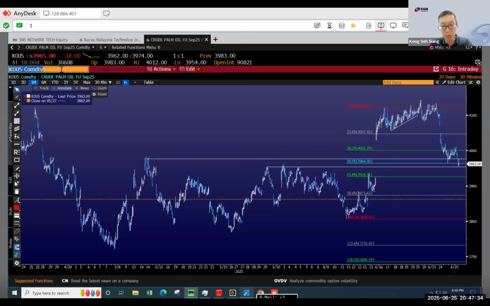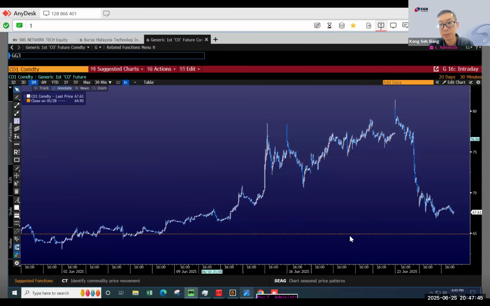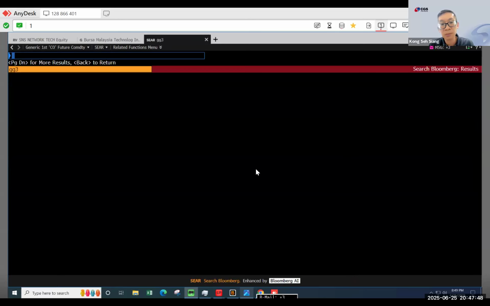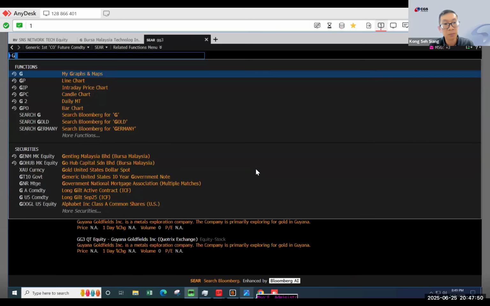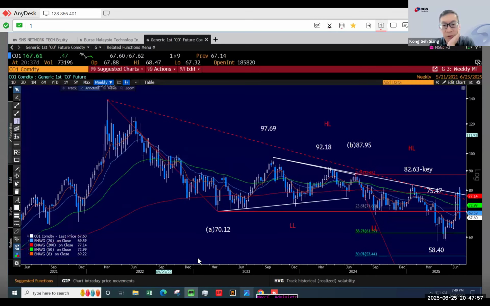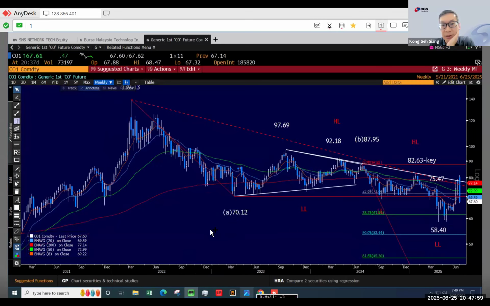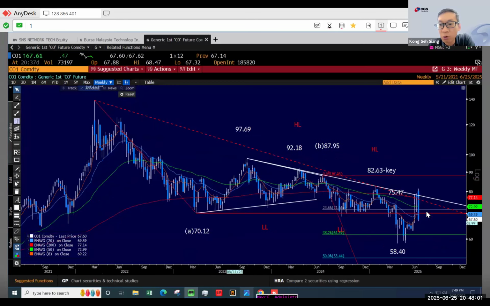So if you take a look at crude oil prices, despite the so-called war, you can clearly see prices are rejecting all the resistance.